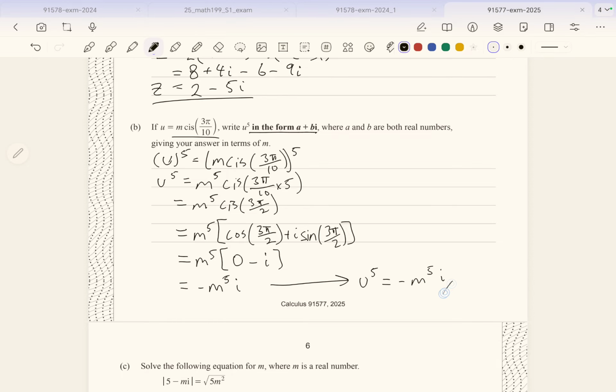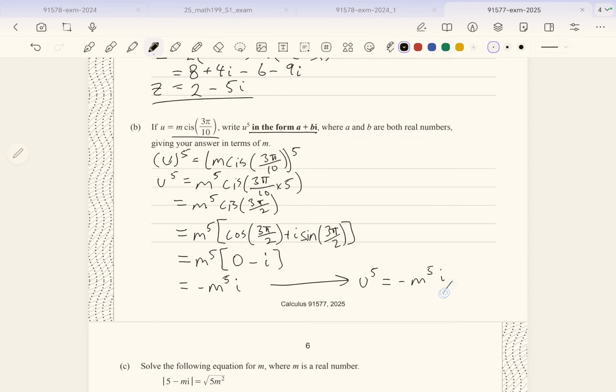So the real part is defined as x, and the imaginary part is defined as y. And so we can apply this with this question. Here 5 is the real part and minus m is the imaginary part.